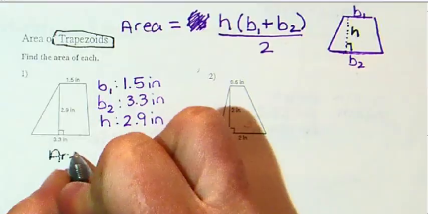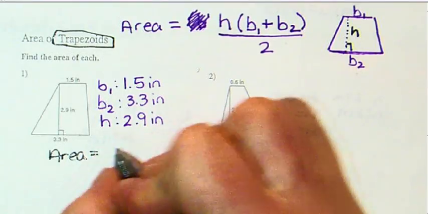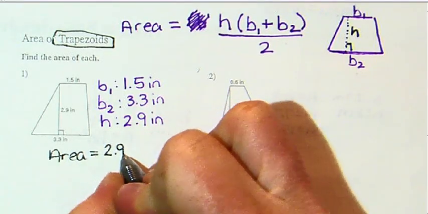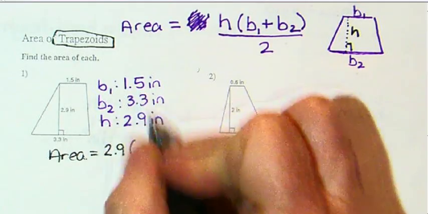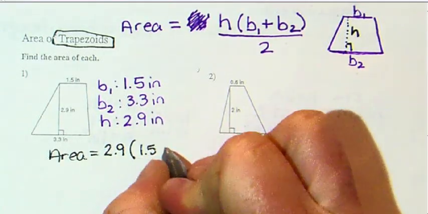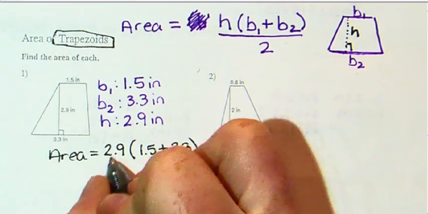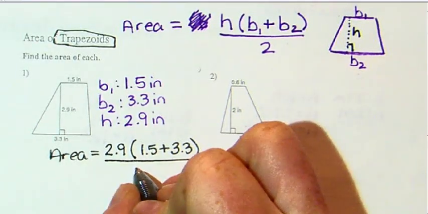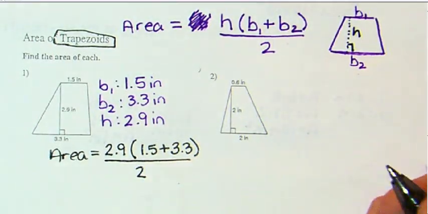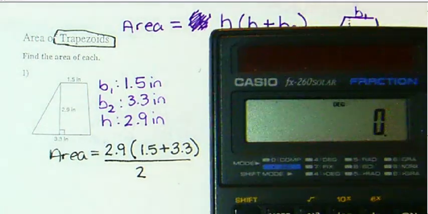My area equals my height, which is 2.9, times base 1 plus base 2 all over 2, because we're dividing that value in half. You have to recall order of operations.